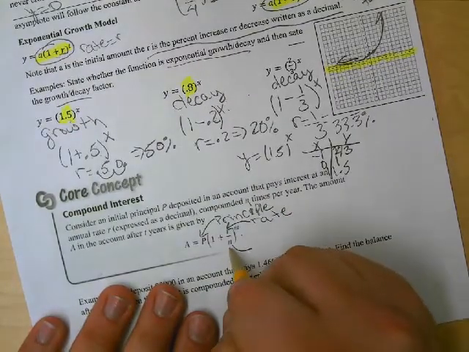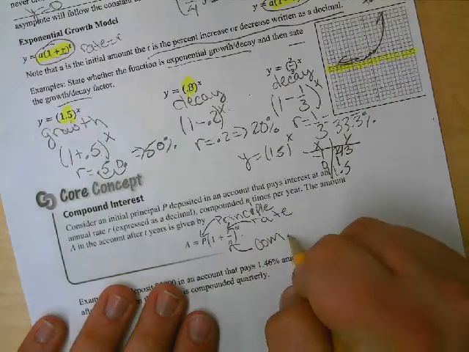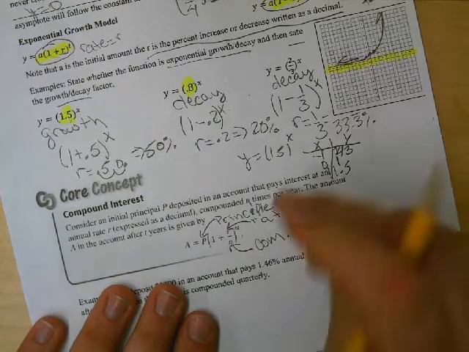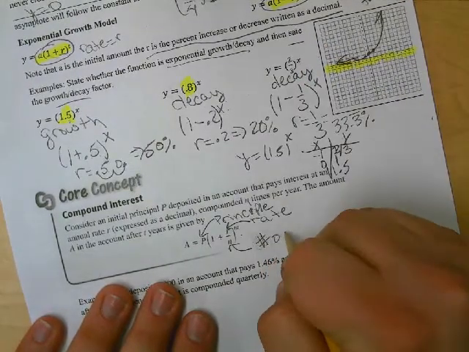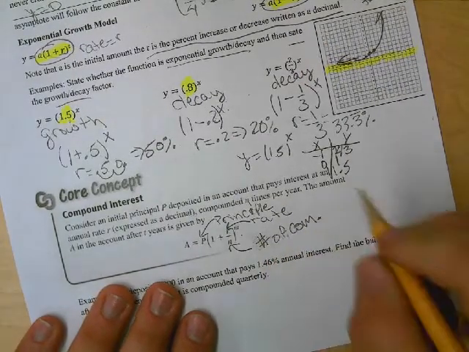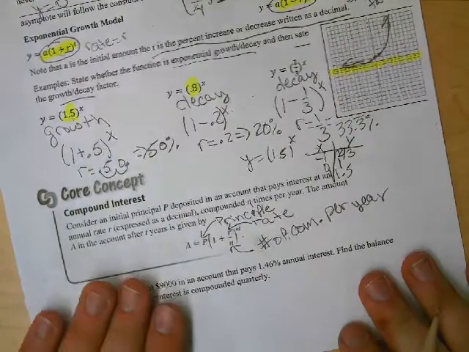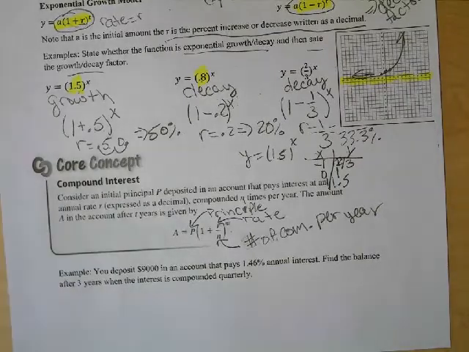N typically refers to the number of compounds per year. A lot of times in story problems, they'll give you this as, this was compounded annually.